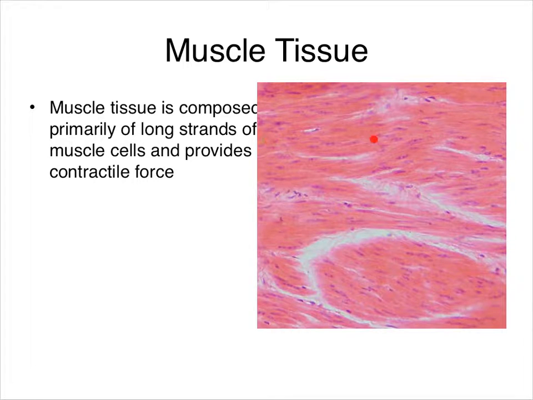Sometimes you'll have just long fibrous cells that have multiple nuclei. In any case, muscle cells are always excitable, meaning if you deliver an electrical shock or a change in the electromagnetic field, they will conduct that signal down themselves. And muscle cells provide contractile force.